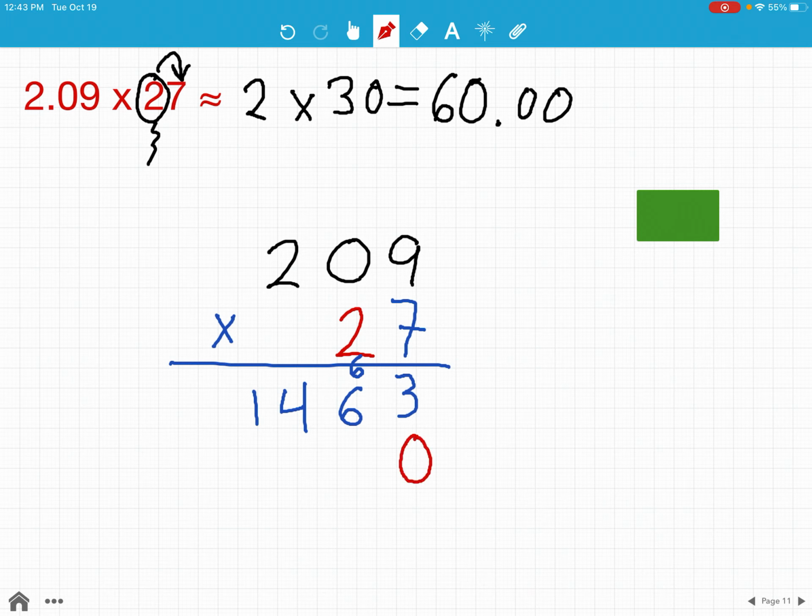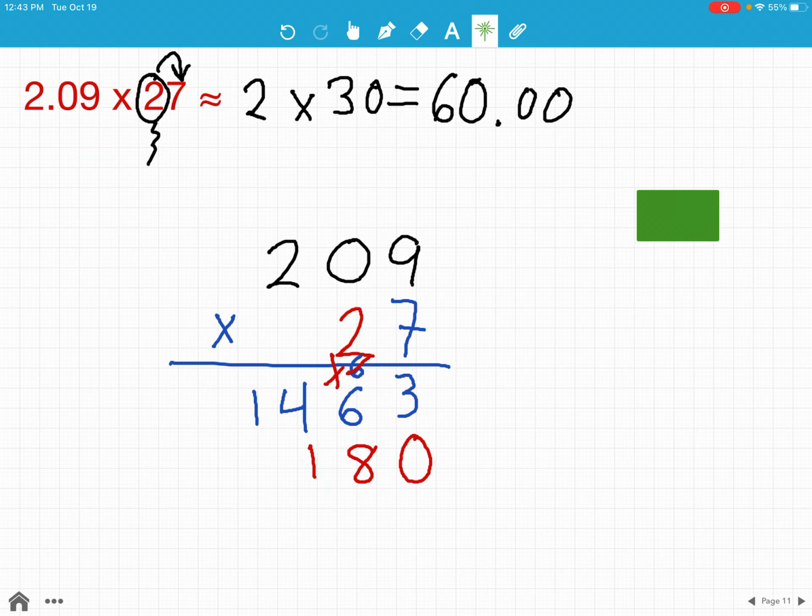All right, so we know we're going to have a 0 here because it's not times 2, it's times 20. So now we have 9 times 2 is 18, and I'm already going to write that down because I know that 2 times 0 is 0 plus the 1 gives me 18.